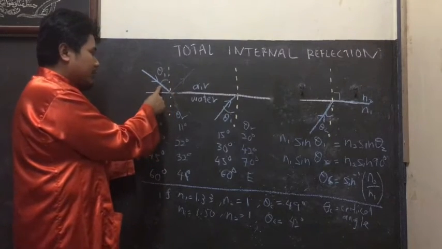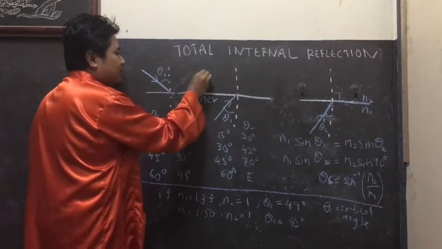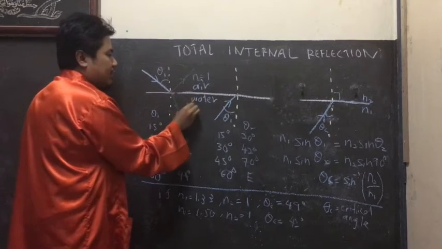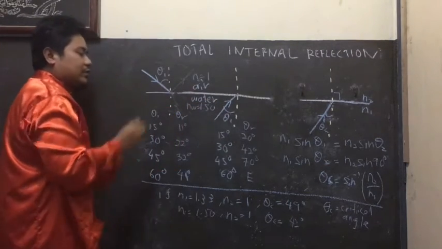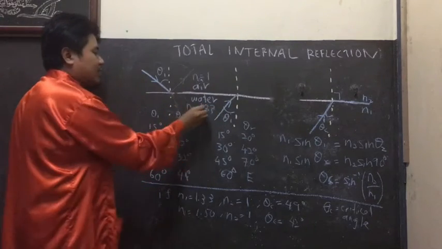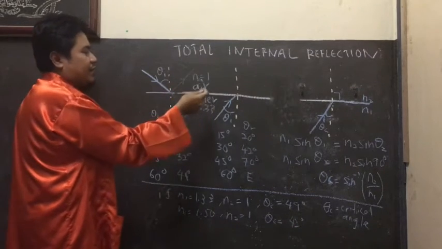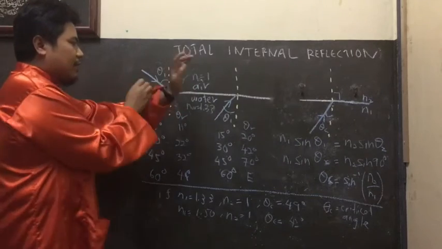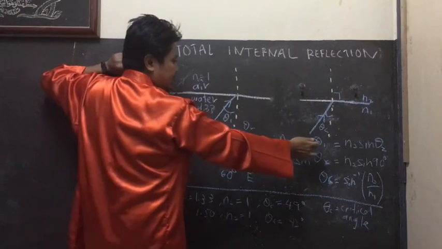How are you going to calculate? Because this is air, n equals 1. This is for air. And for water, it is 1.33. Sorry, 1.50 is for glass. So now we have the refractive index for air and the refractive index for water. You are given theta equal to 15. From Snell's law, this is the first medium and the angle is in the first medium.